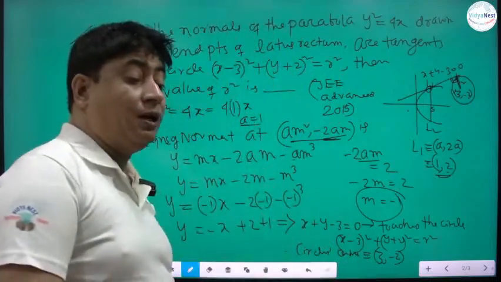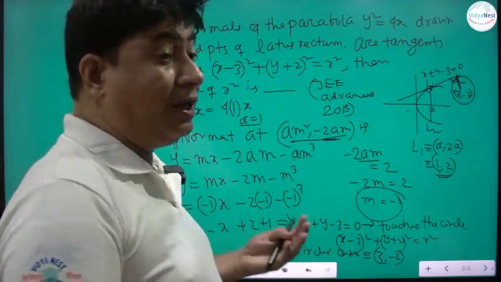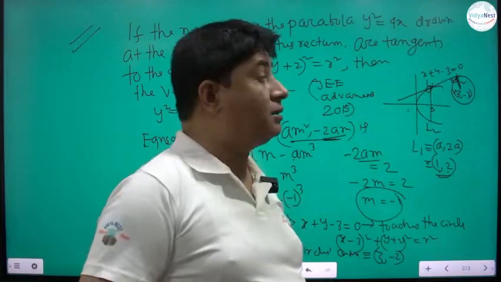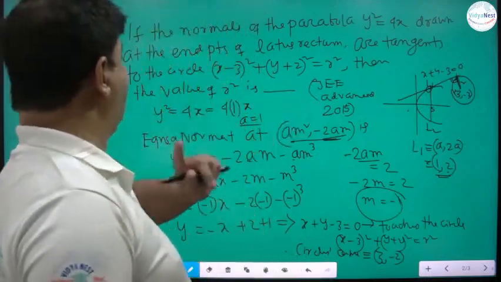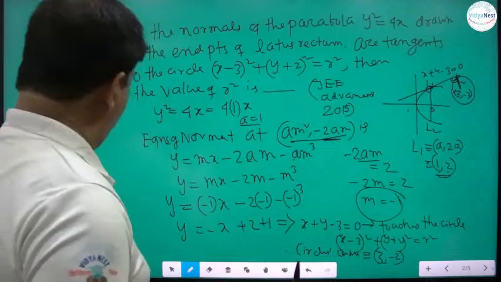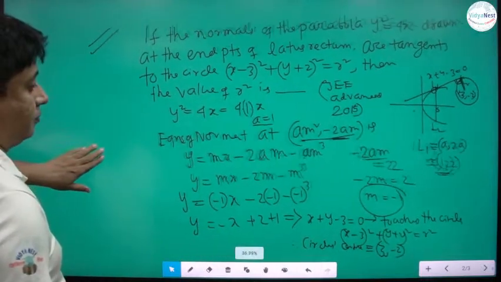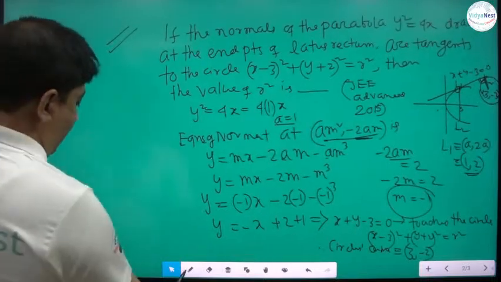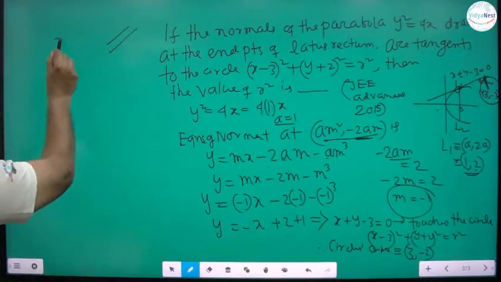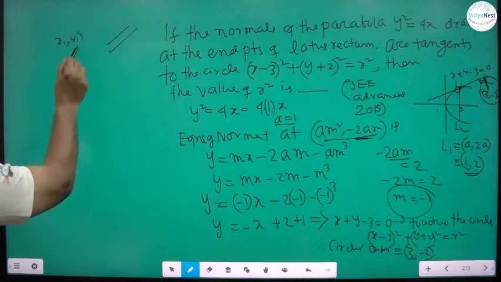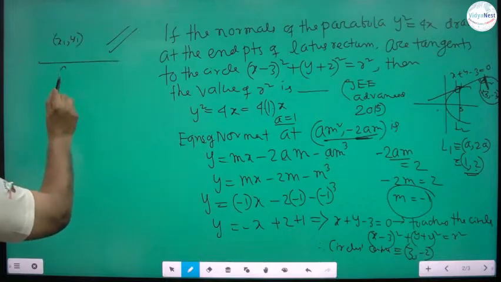And you can ask me, from where did I get the perpendicular distance? In straight lines you are taught. In a short span, I am just reminding you. You are taught, I think, (x1, y1) is a point and that is a line.